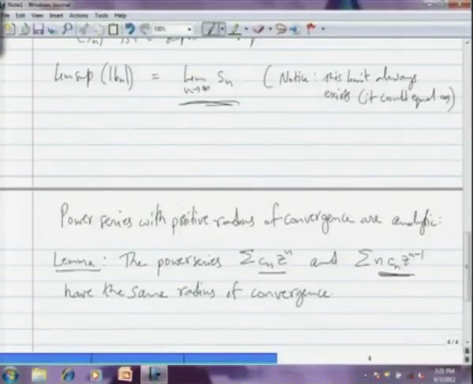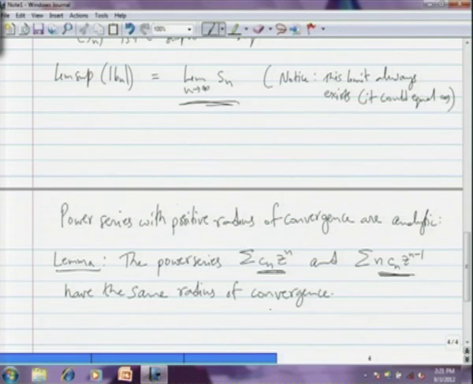With that as a goal, we first show that the series obtained by term by term differentiation and the power series itself have the same radius of convergence.